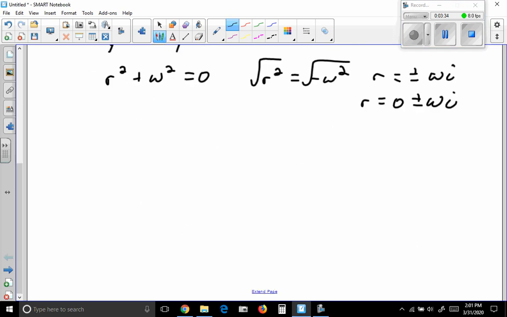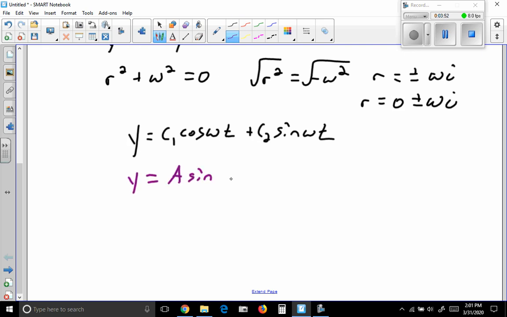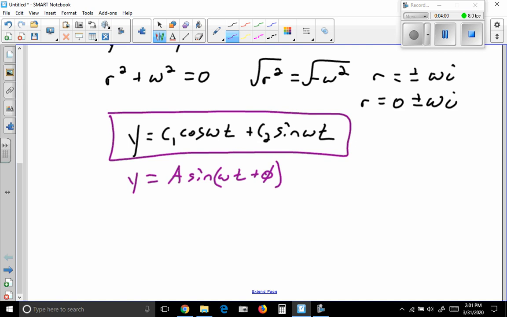The solution is in the form y equals c1 cosine omega t plus c2 sine omega t. And we can actually express this as y equals A sine of omega t plus phi. It turns out when we add those together, we get a sine wave that has an amplitude of A, the period is related to omega, and has this as its phase shift.